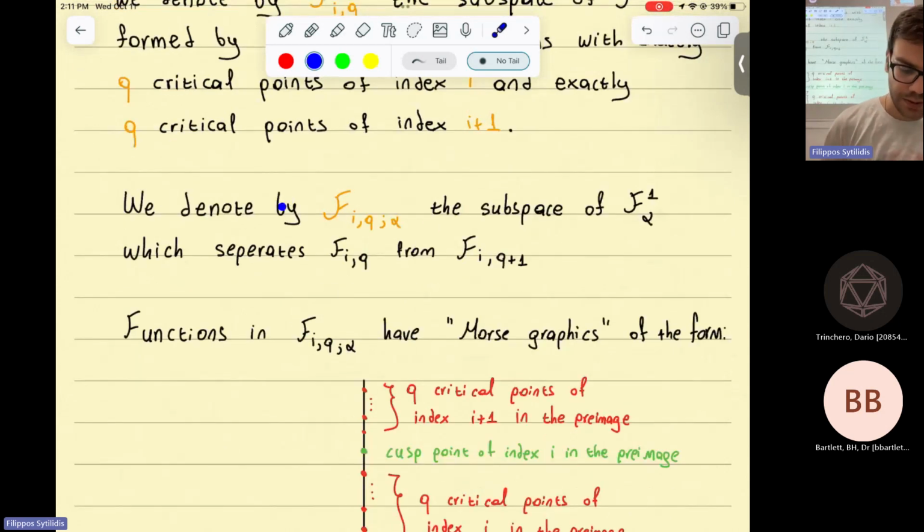And I am also denoting by F sub i comma q semicolon alpha the subspace of F1 alpha. So F1 alpha was this stratum that contained the cusp critical points. And I just want to look at a subspace of that which separates F i comma q from F i comma q plus 1.